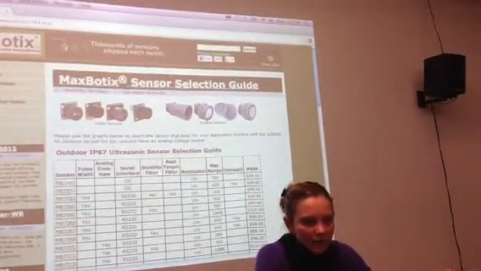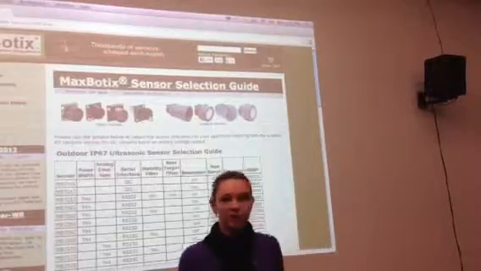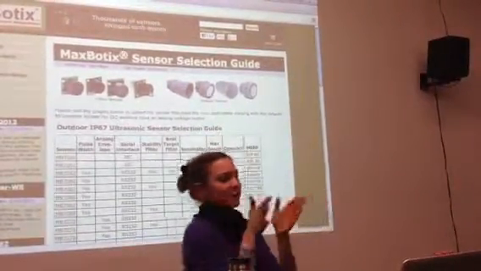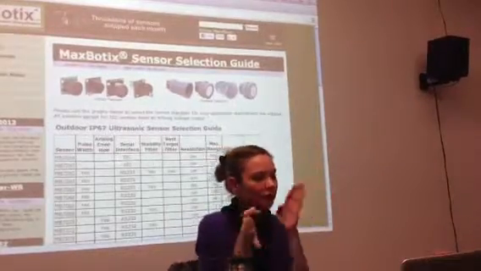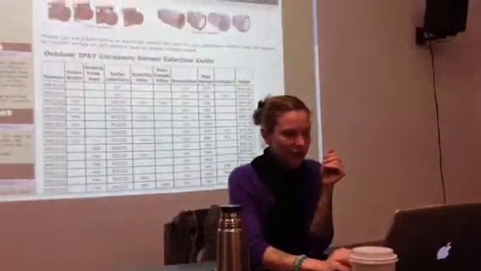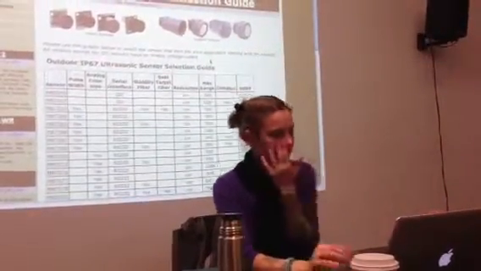So it's these different types, and this is based on ultrasound. It still has a specific angle of view that you can check on the data sheet, and it tells you right here different ranges of how far it can see in centimeters.